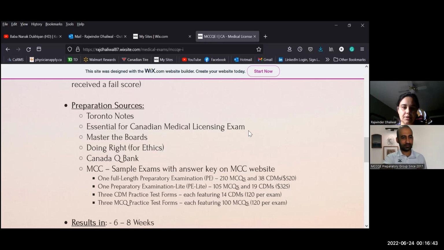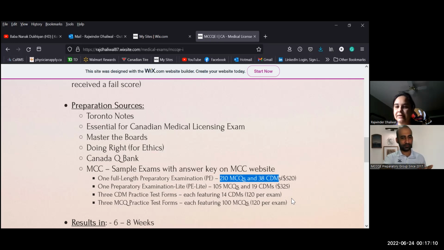Okay, and then the best source I thought was MCC's site. They have sample exams there. Last time I checked, they had one full exam, a complete exam with 210 multiple choice questions and 38 CDM.